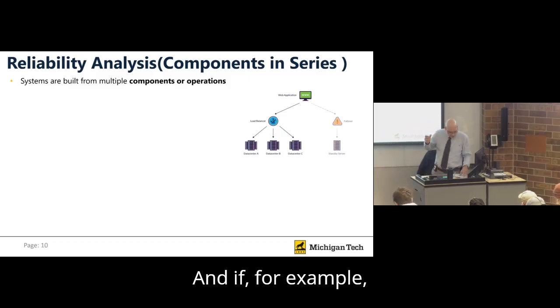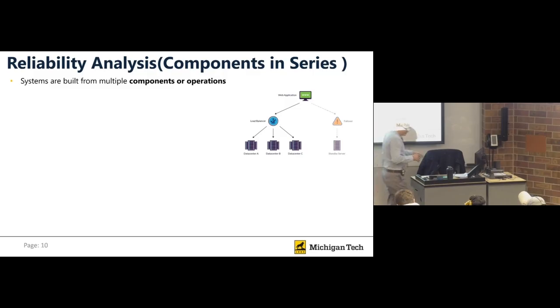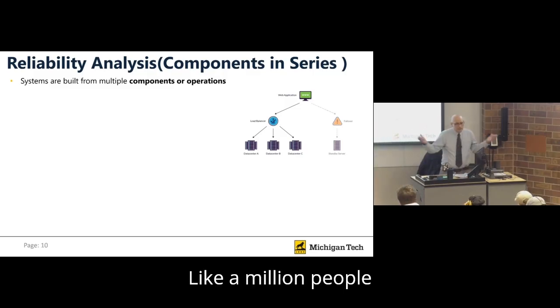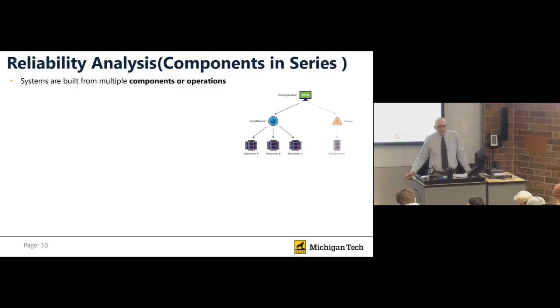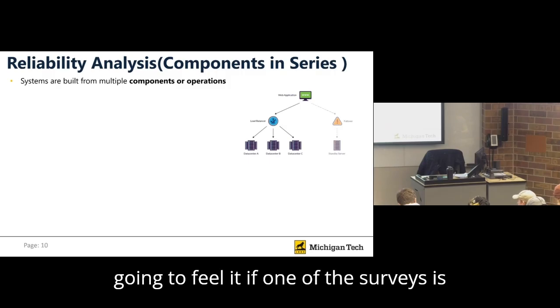If, for example, Google has a problem, they need to design it in a proper way. If the server is down, with a billion people working at the same time, they're not going to feel it if one of the servers is down.